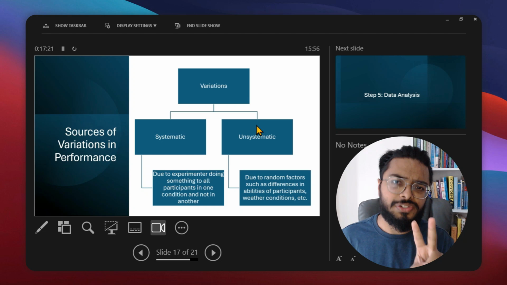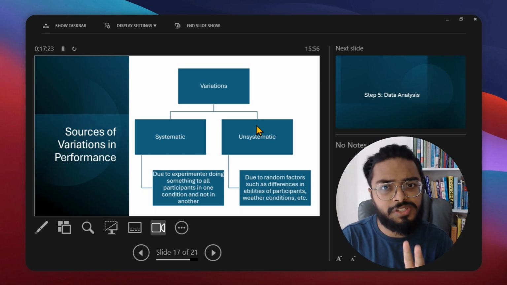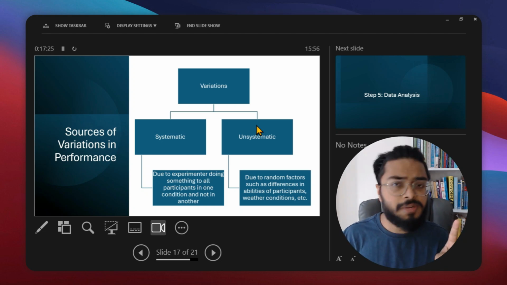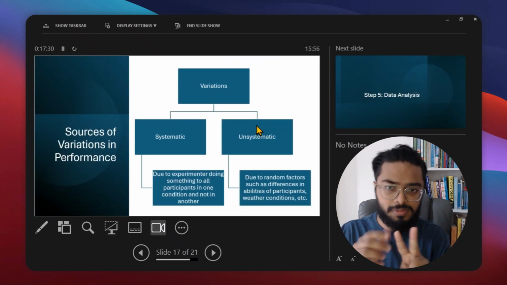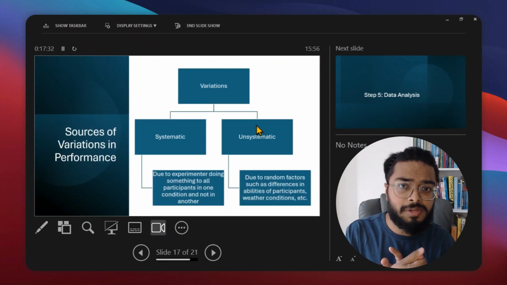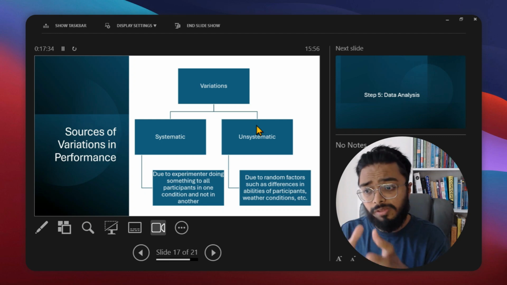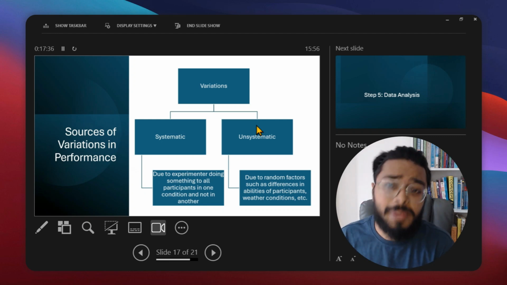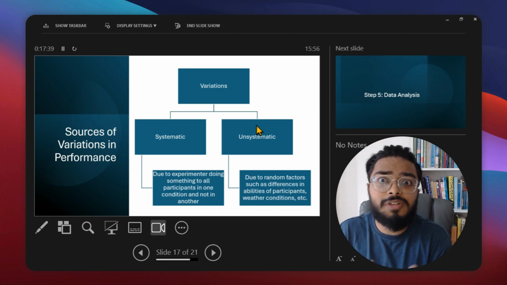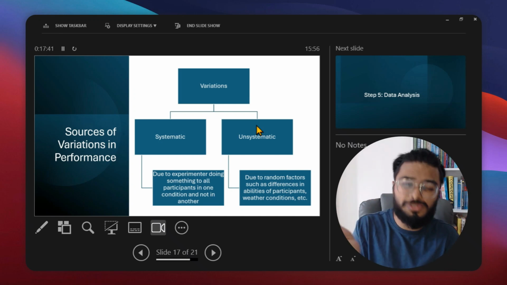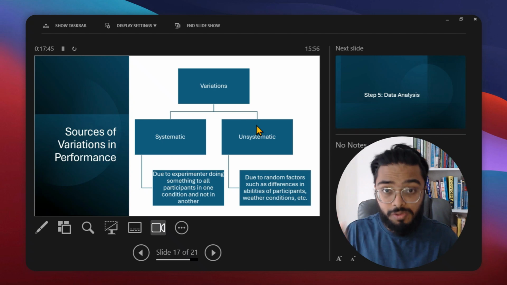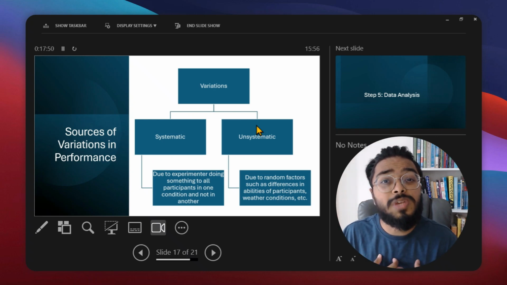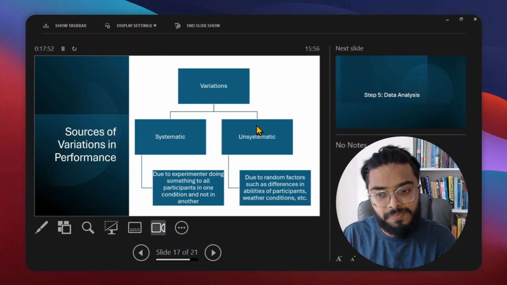There are two types of variations in scores that we see in both repeated measures and independent design, and they are called systematic and unsystematic. The systematic one is what we expect. That kind of variation in the scores, or in the performance of the subjects on the test that we are administering, comes because of what we as experimenters are doing to them.